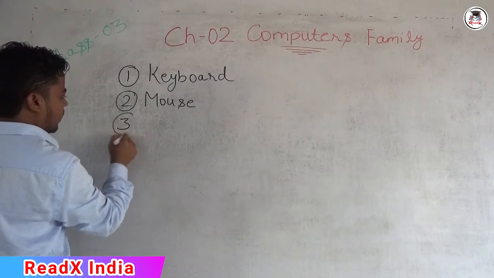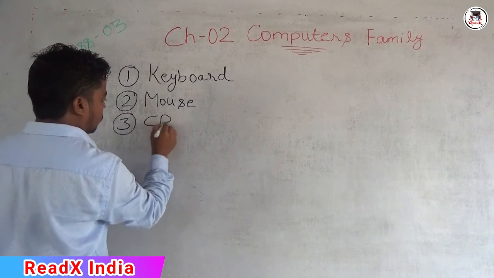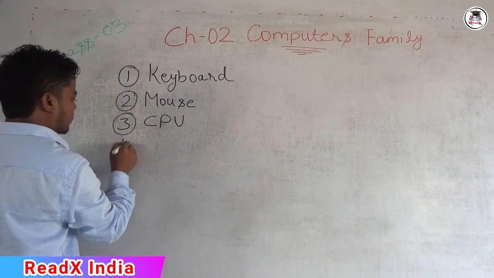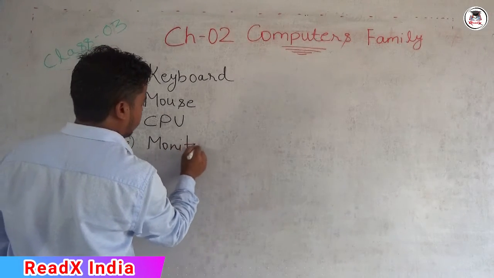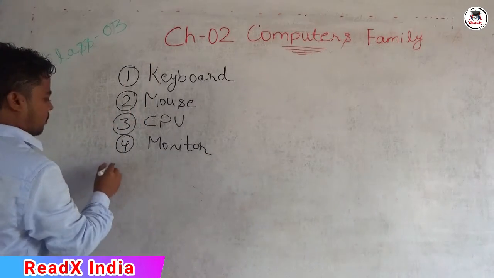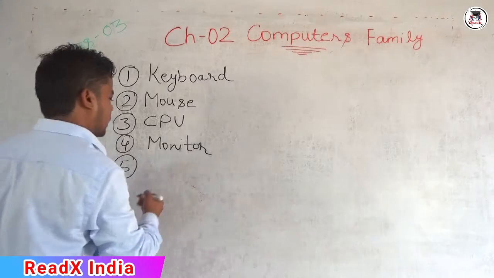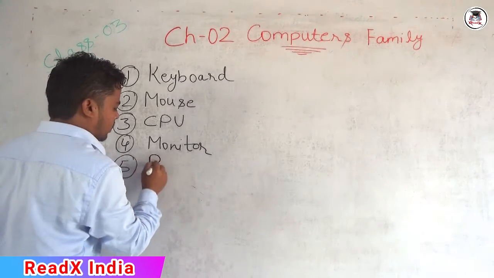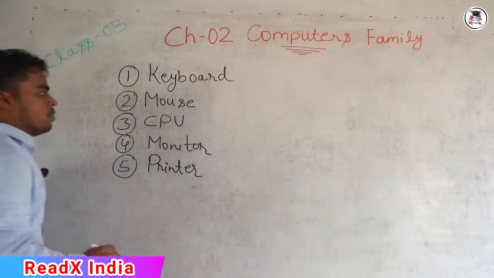After this, the next required is the CPU. Next is the monitor, and finally something optional but also useful, the printer.